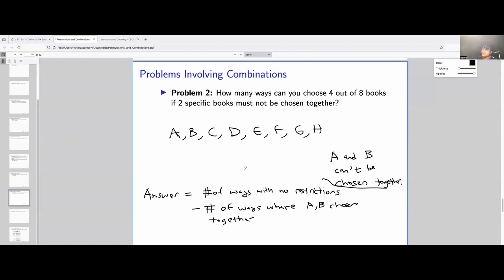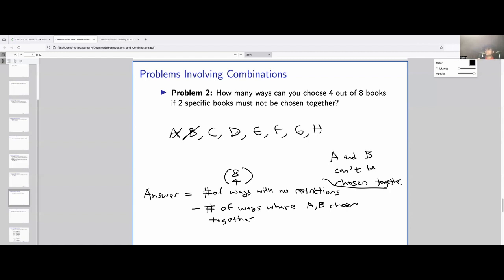Okay, so how many ways are there with no restrictions? Well, it's just 8 choose 4 because I'm choosing 4 books from 8. Now how many ways are there to choose these books so that A and B are chosen together? Well, A and B, I have to choose those and I don't care about the order. So let me just cross these out.